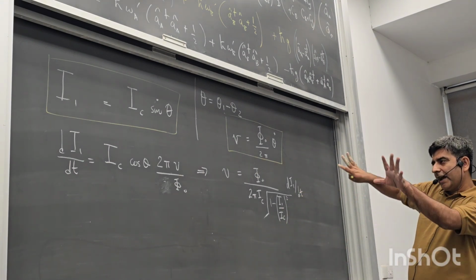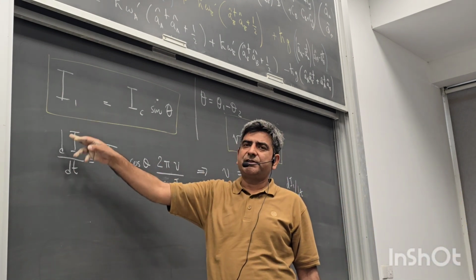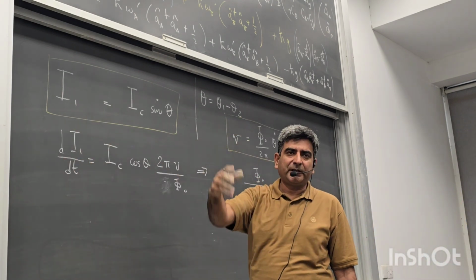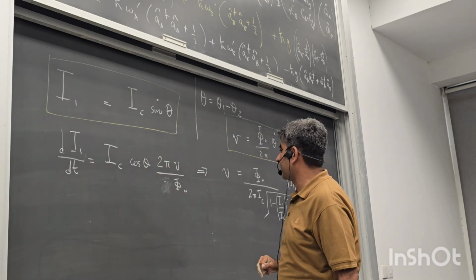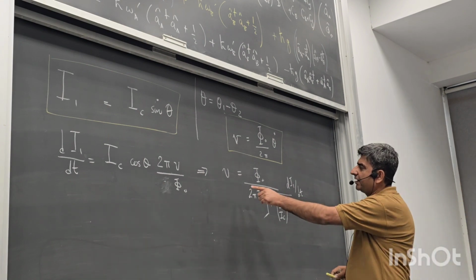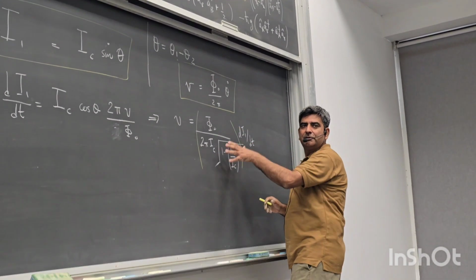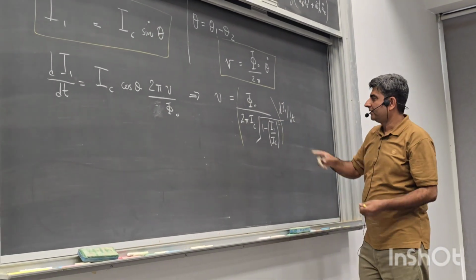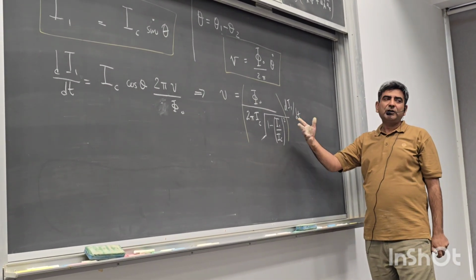So now when I have these expressions, I merely take the derivative of this I1, but I will show you something. So this is the derivative of I1 with respect to time, and I juxtapose the variables such that I have V equals some lumped parameter times dI1 by dt. Now what does this look like?